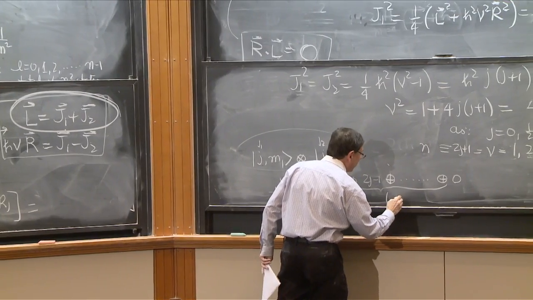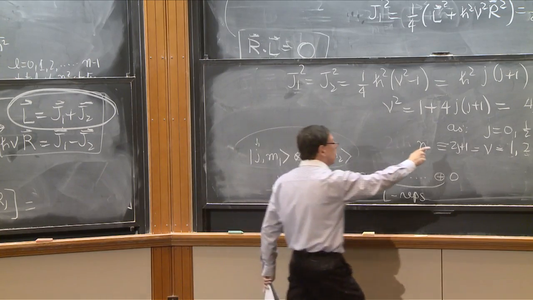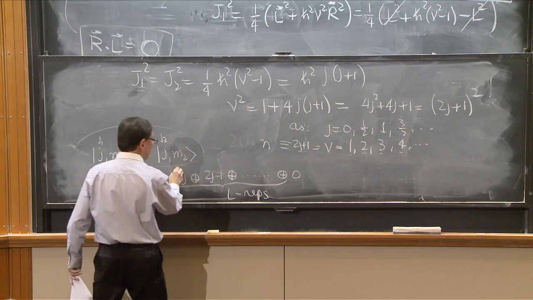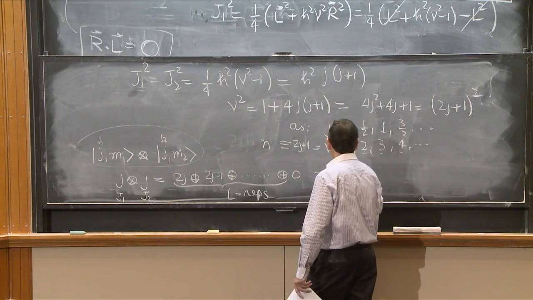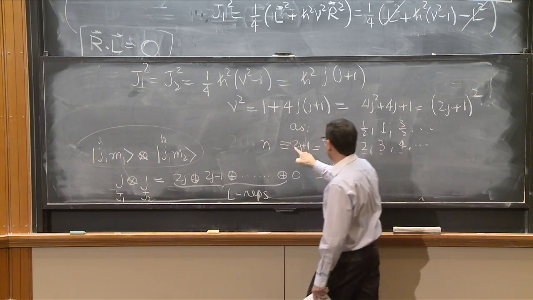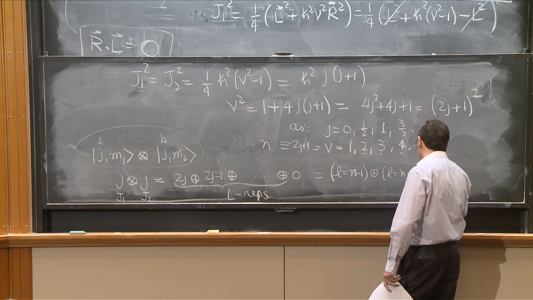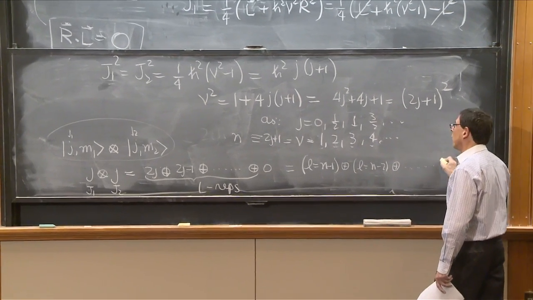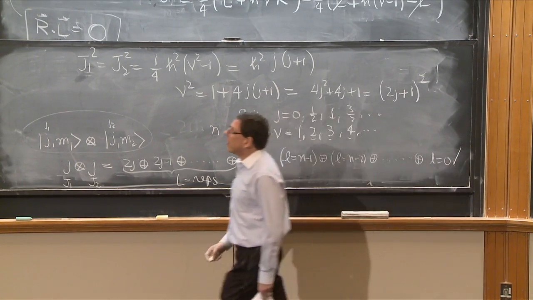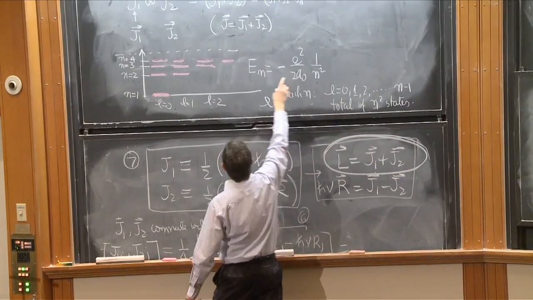L is your angular momentum. And if 2j plus 1 is n, you get a representation with L equals n minus 1, L equals n minus 2, all the way up to L equals 0. Therefore, you get precisely this whole structure.